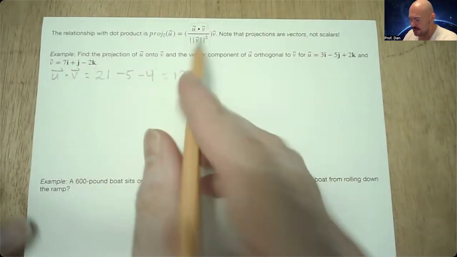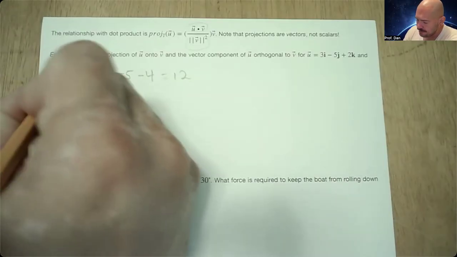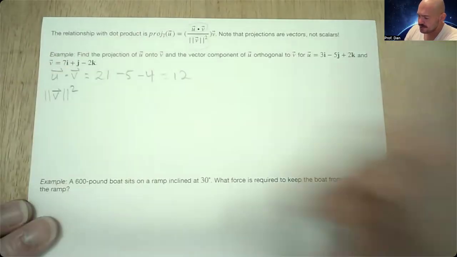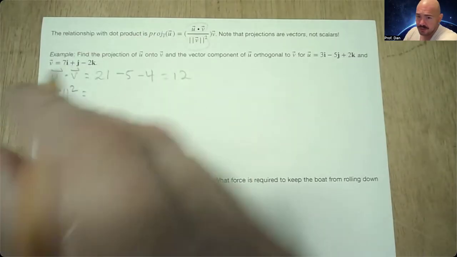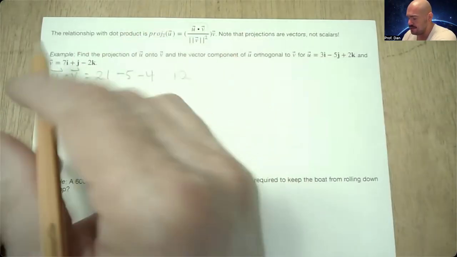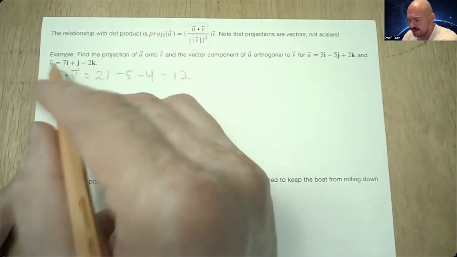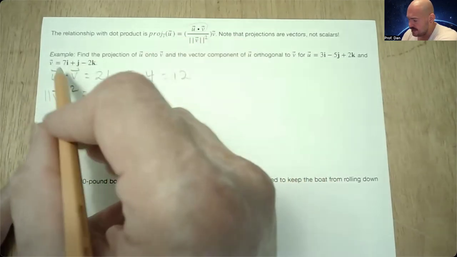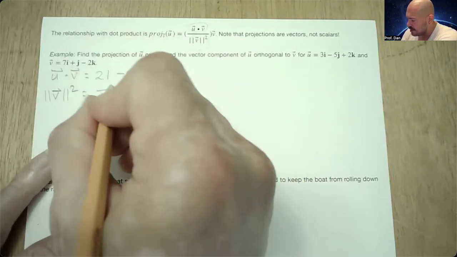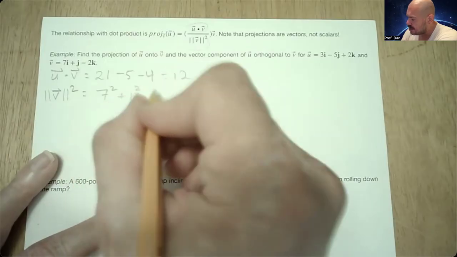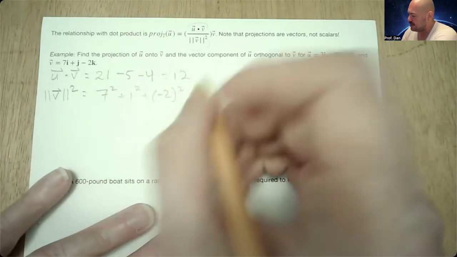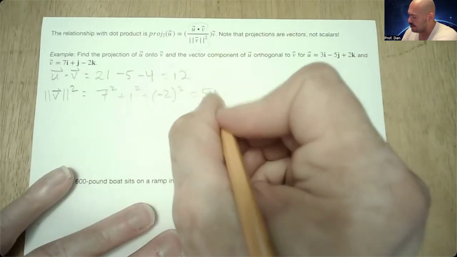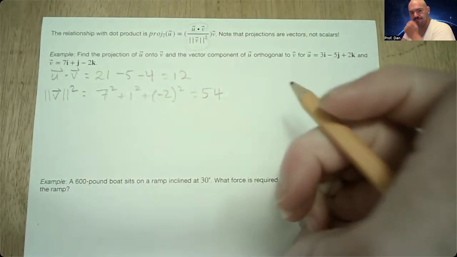We also need to know the norm squared or the magnitude squared of v, which remember, we can also get using the dot product v dot v. So if I do that, we get 7 squared plus 1 squared plus -2 squared. So I get 54 for that.